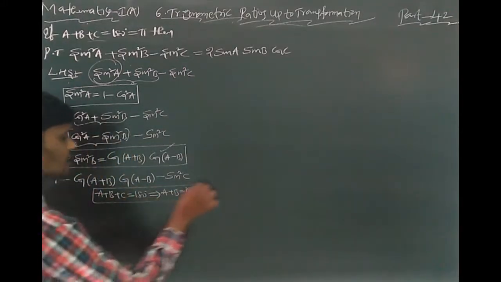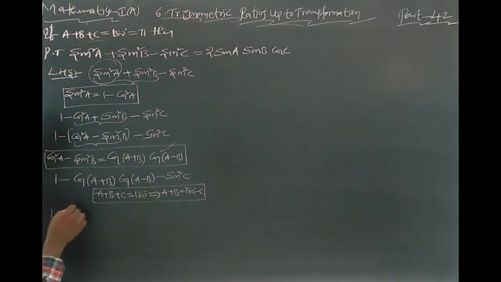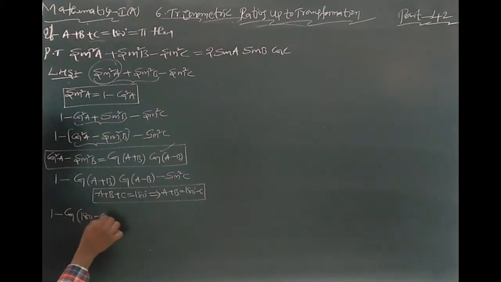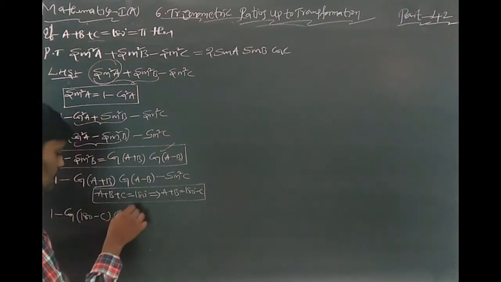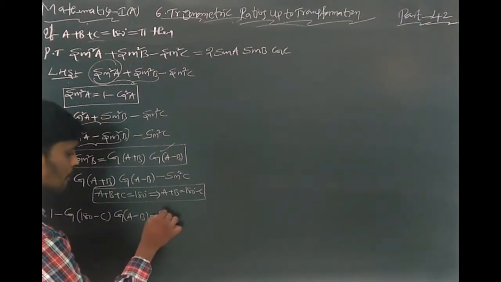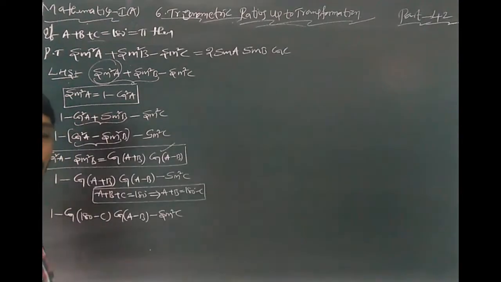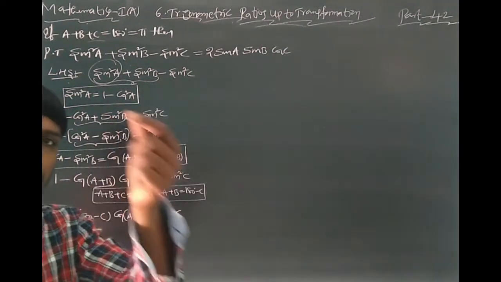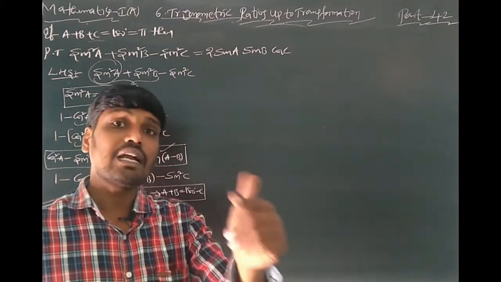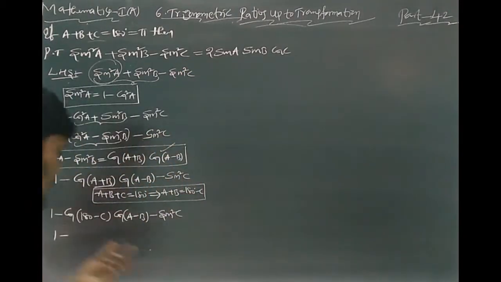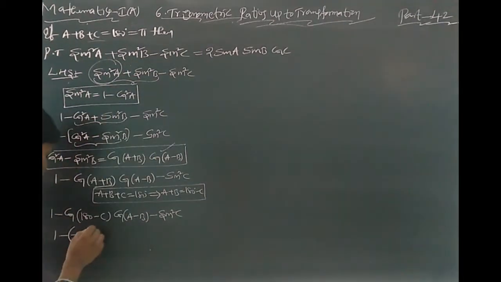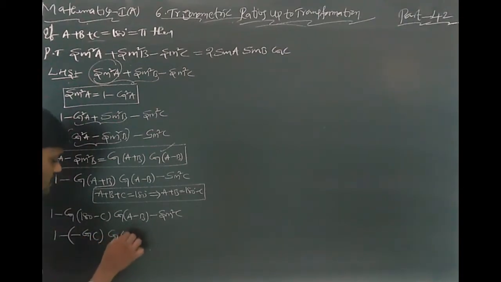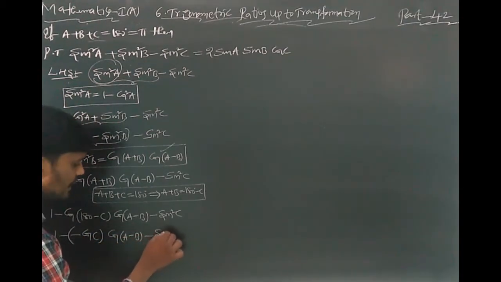In place of a plus b you can write 180 minus c: 1 minus cos of 180 minus c into cos of a minus b minus sin square c. 180 minus theta lies in which quadrant? Second quadrant. In the second quadrant cos is negative. 180 is an even function, so cos can be written as cos c into cos of a minus b minus sin square c.